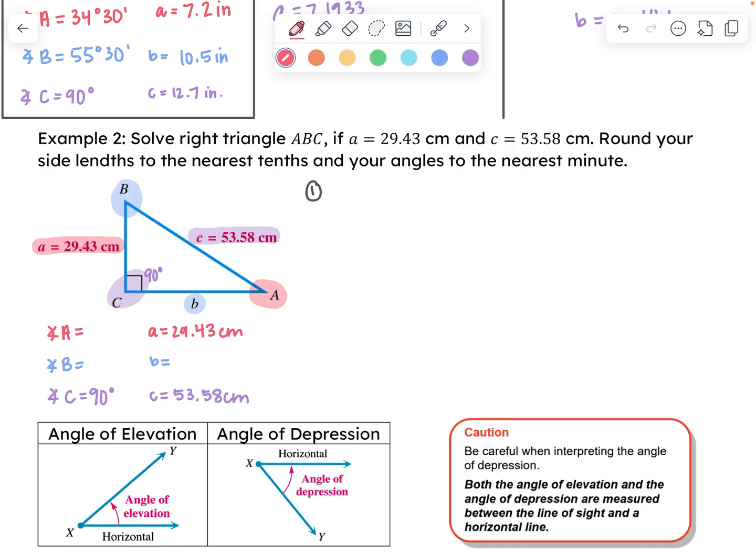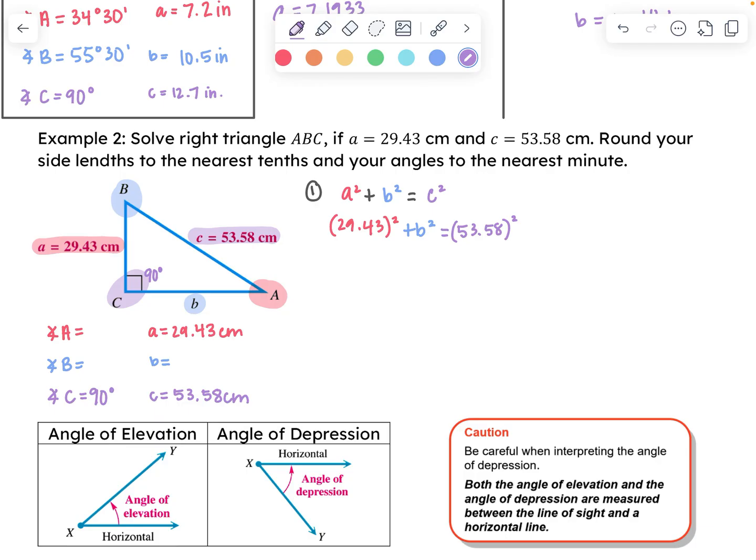I'm going to do my a squared plus my b squared equals my c squared. Okay, I know that a is 29.43 squared. I don't know what b is, so I'm just going to say plus b squared, and it's going to equal my c squared, so my 53.58 squared.